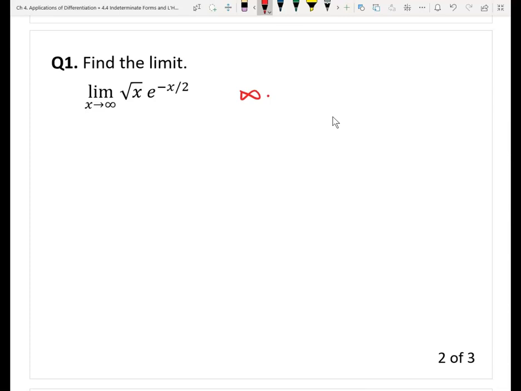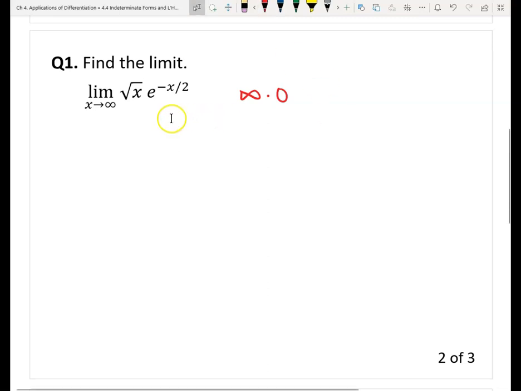The power will go to negative infinity. Therefore, the function should approach 0. So this is infinity times 0. If we switch the order, that's 0 times infinity, which is exactly the indeterminate product.